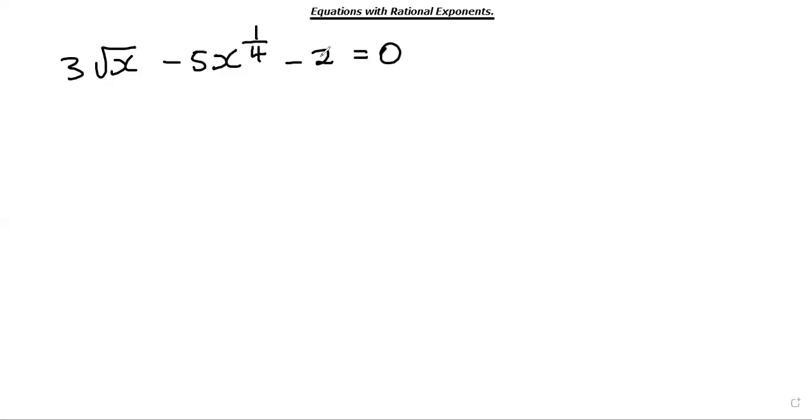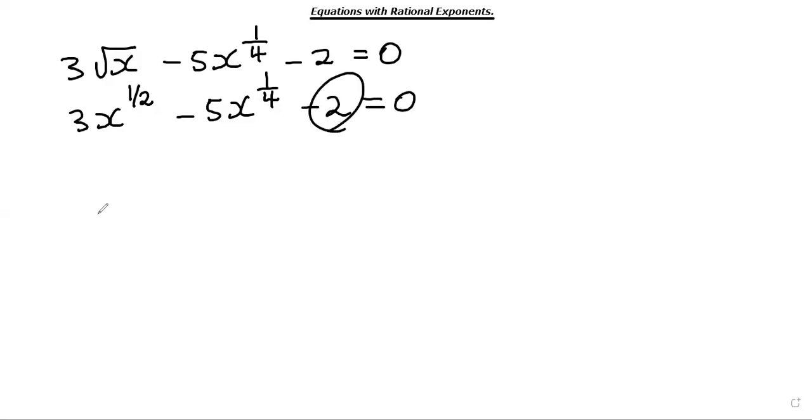Now, the first thing we do here is to get rid of the square root. So we say square root means something raised to the half. And then we have 5x raised to the quarter. Then you say minus 2 equals 0. So we see this is a trinomial. The last term is a constant.